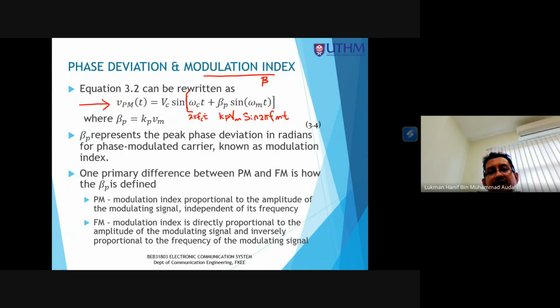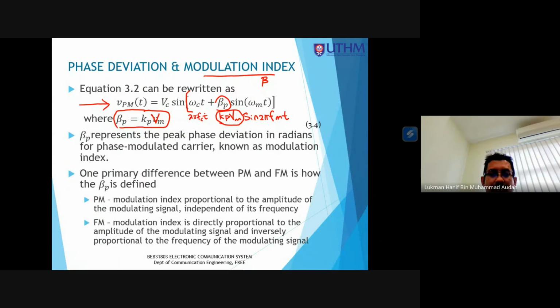If you see from here, beta P is represented by Kp Vm. Please correct your note. This one should be capital V because this is a constant parameter. So this is about beta P.